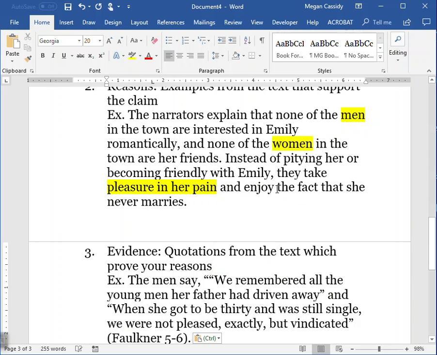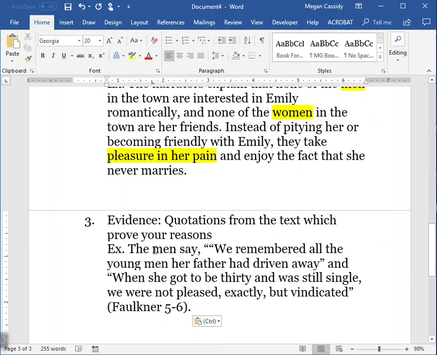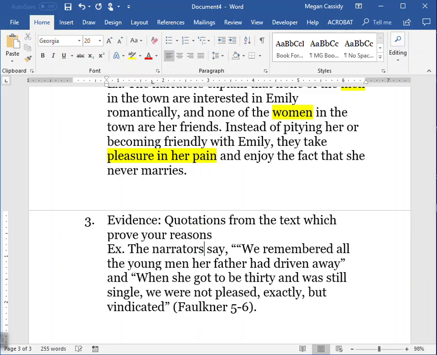So I'm going to paste this in. Here I should put the narrators. The narrators say, we remembered all the young men her father had driven away. And then later on they say, when she had gotten to be 30 and was still single, we were not pleased exactly, but vindicated. And then I have my citation, Faulkner, and that was on pages 5 to 6 of the story.